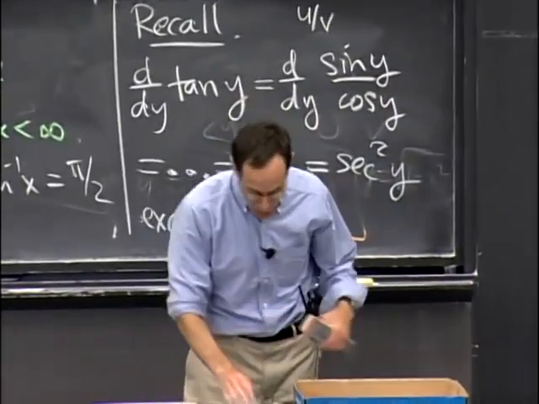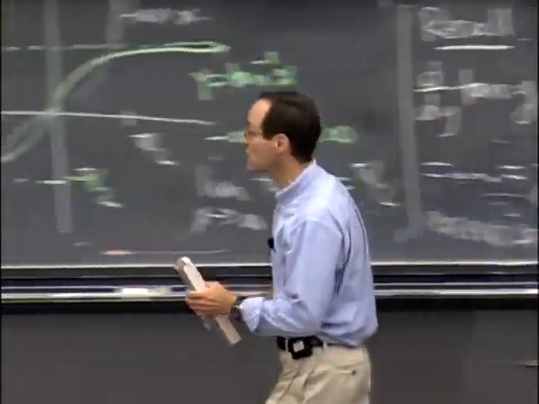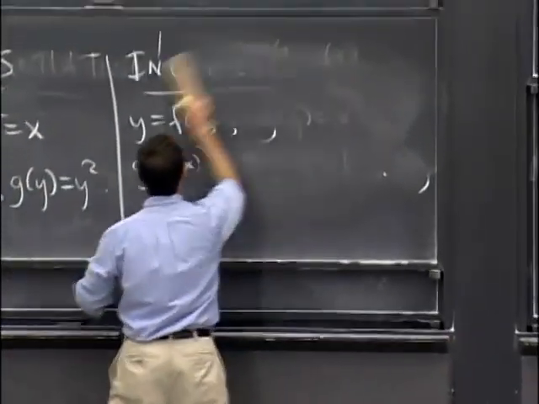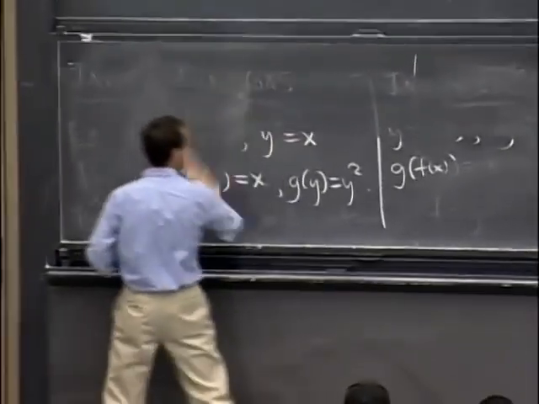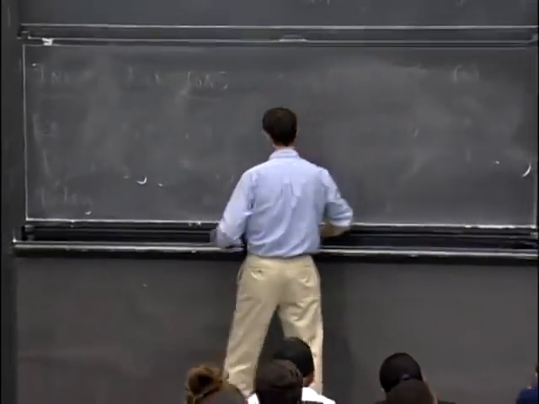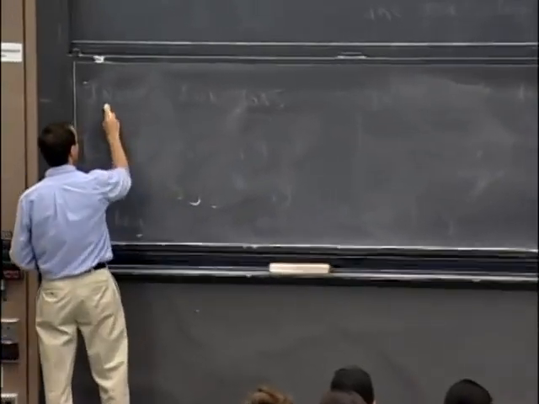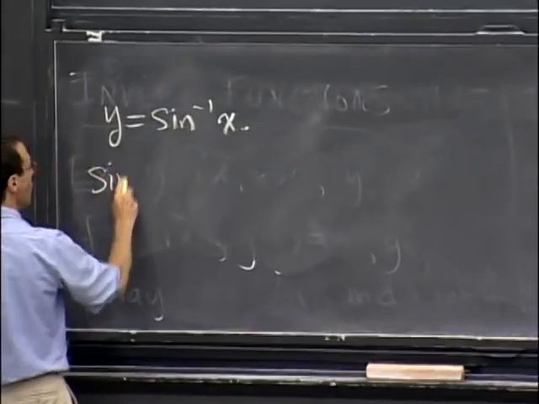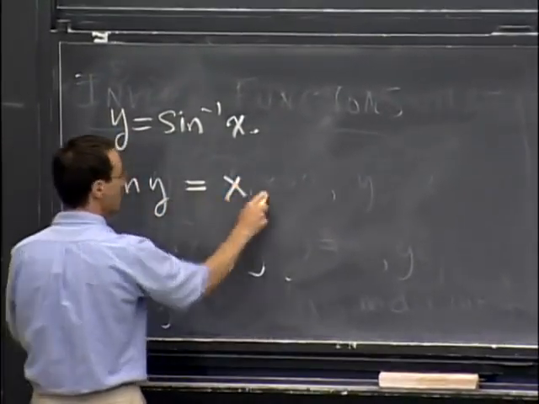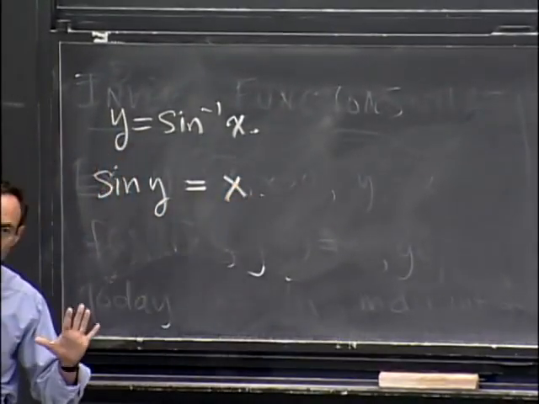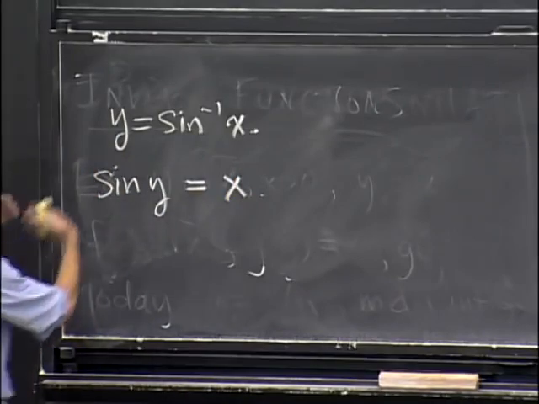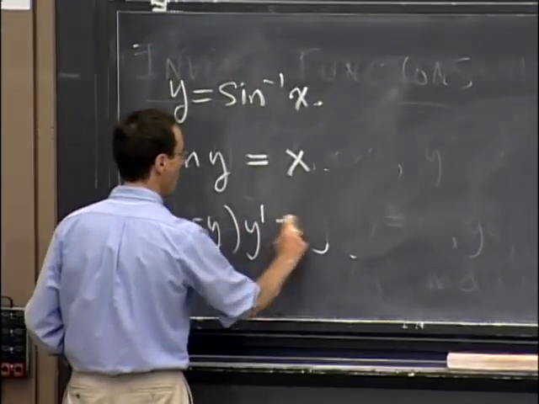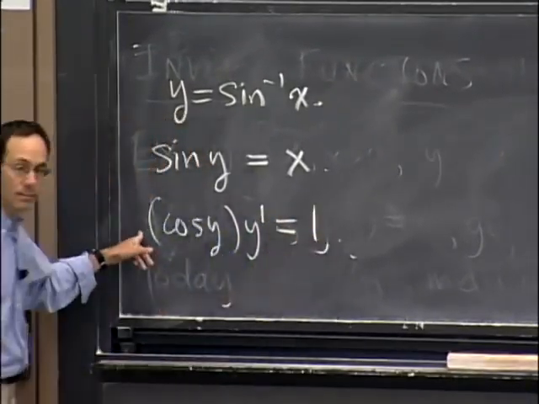Okay, so now I'm going to do the case of the sine, the inverse sine. I'll show you how easy this is, because this one has an easy trig identity associated with it. If y is equal to sine inverse x, then sine y is equal to x. And now watch how simple it is when I do the differentiation. I just differentiate. I get cosine y times y prime is equal to 1.